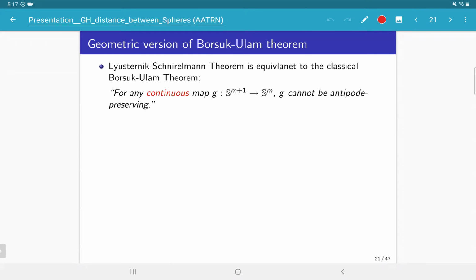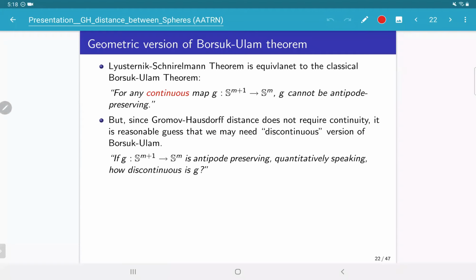And that theorem is equivalent to the following classical Borsuk-Ulam theorem: for any continuous map G from S^(m+1) to Sm, G cannot be antipode preserving. But if you remember the definition of the Gromov-Hausdorff distance, it does not require any continuity. So it is a reasonable guess that we may need this continuous version of Borsuk-Ulam.